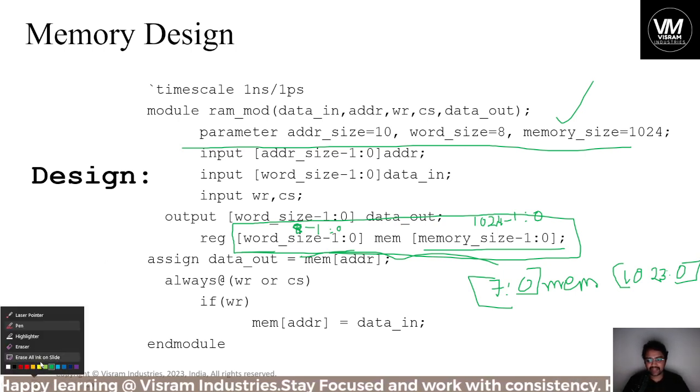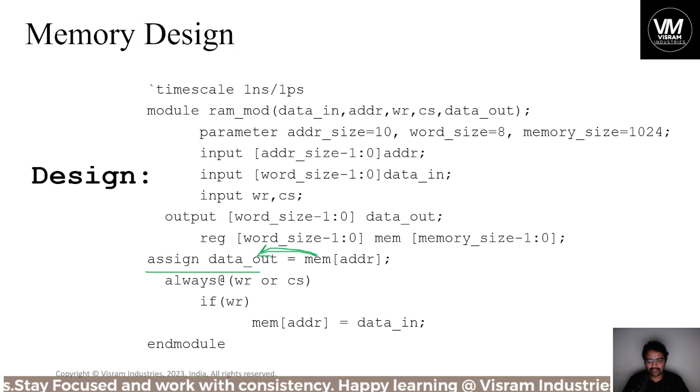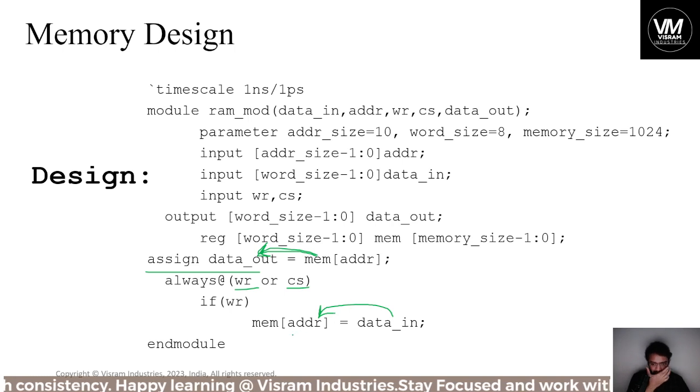So from that syntax and that kind of nomenclature you can use. Best practice, assign the data out like this to the memory address. Whatever the memory address you have, that is read into the data out, but always at the rate of write, and whatever data is getting here can be sent to the memory address location.